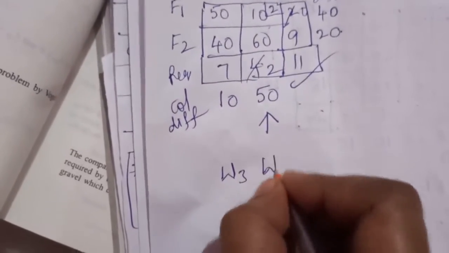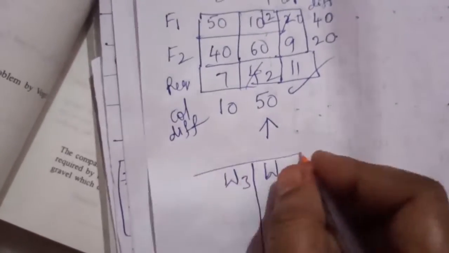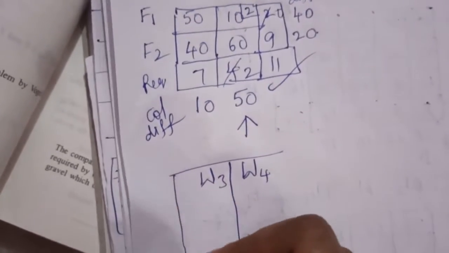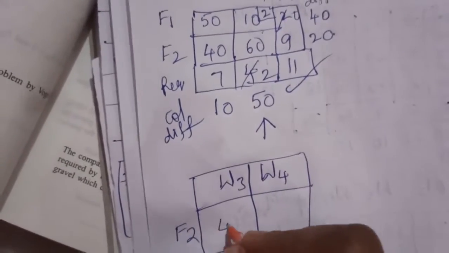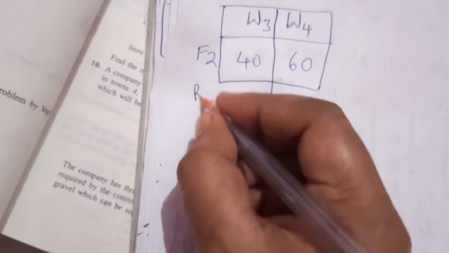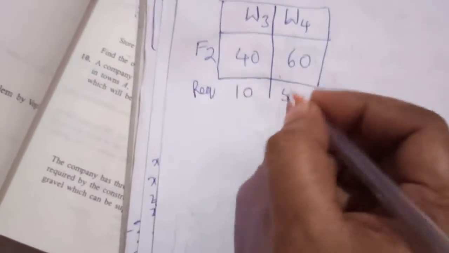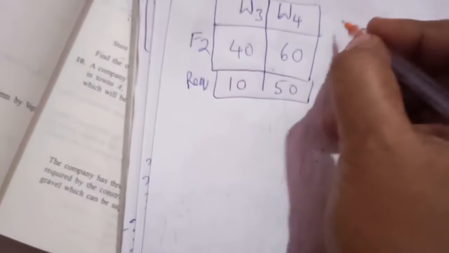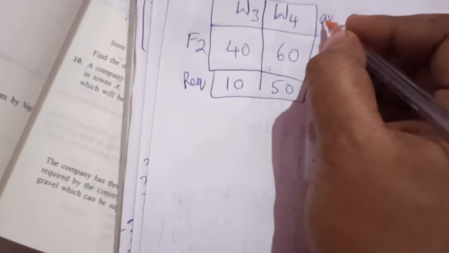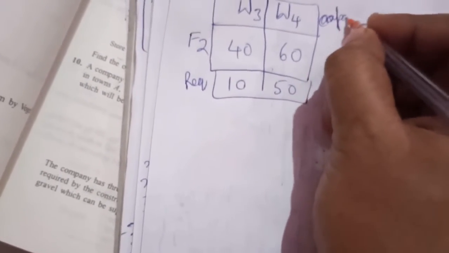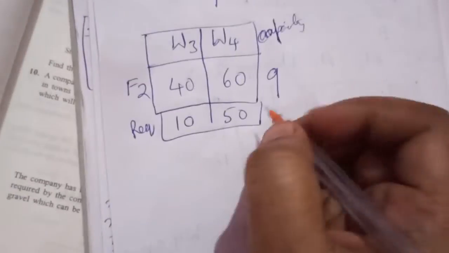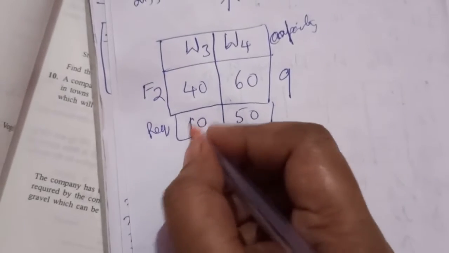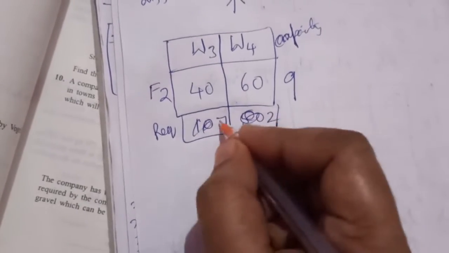We have W3, W4 and only F2, with costs 40 and 60, requirements 10 and 50, and capacities 7 and 2.